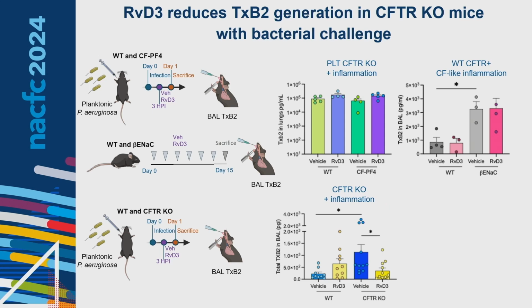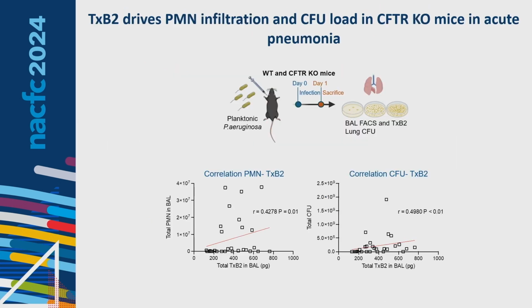in multiple cell types. To understand whether this reduction in thromboxane B2 could be relevant for lung pathology, we performed some correlation analysis by measuring levels of thromboxane B2 and neutrophils, or the total bacterial load, in mice challenged with Pseudomonas aeruginosa.